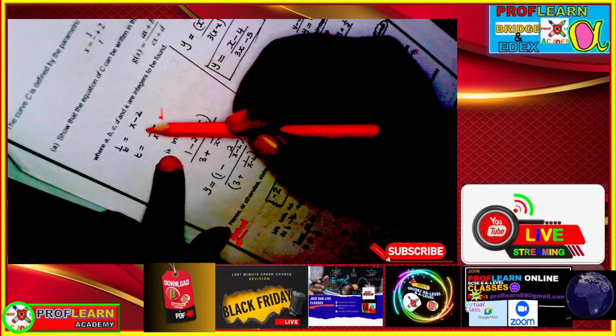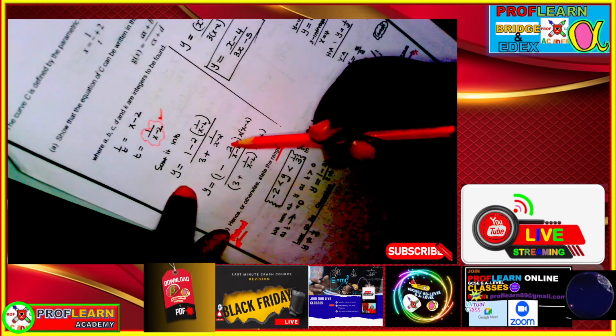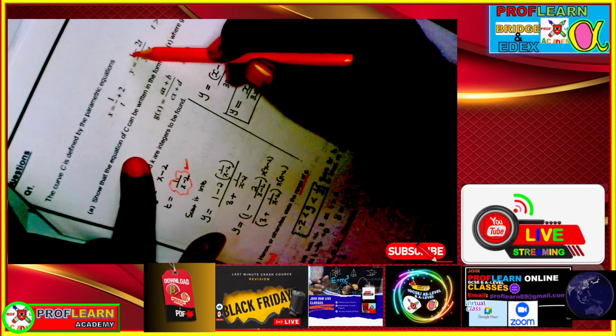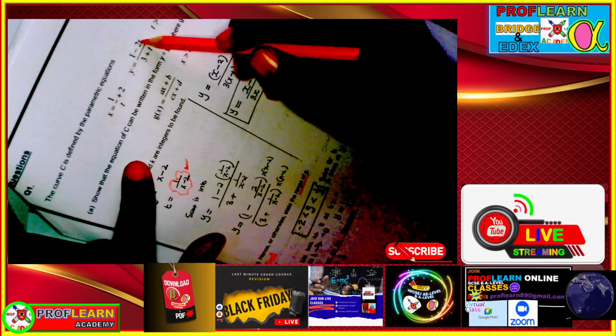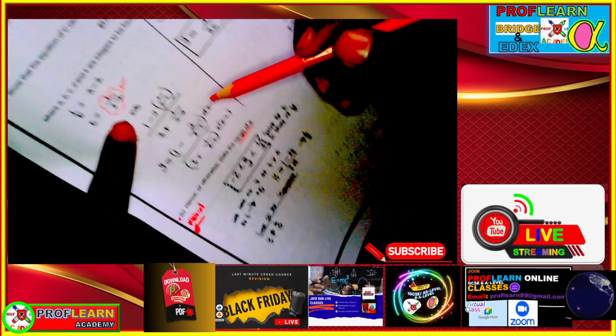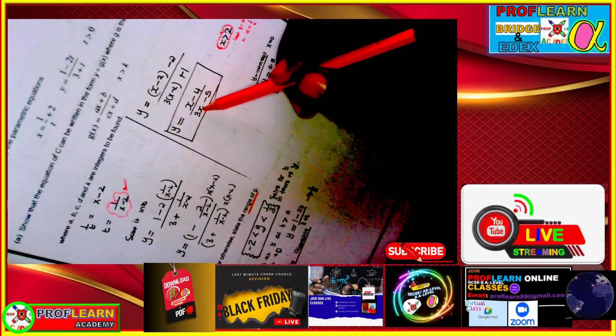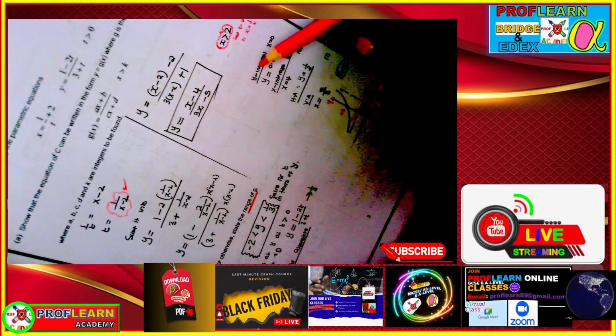When we now substitute this part that we have here into the equation, 1 minus 2, instead of t, we are going to substitute 1 over x minus 2. If you do that and you try to simplify, your answer becomes x minus 4 over 3x minus 5.